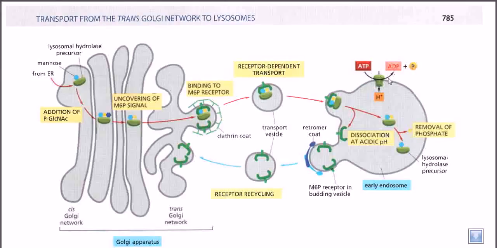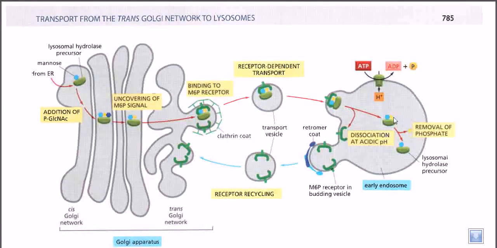The proton pump is working, and hydrogen ions from the cytosol can be pumped inside the early endosome. After the pump is established, the hydrogen ion concentration inside the early endosome goes up, and that means the acidic environment will dissociate this hydrolase precursor molecule.